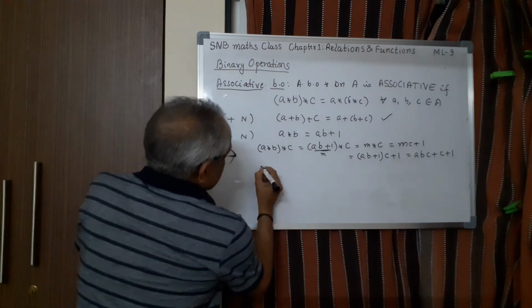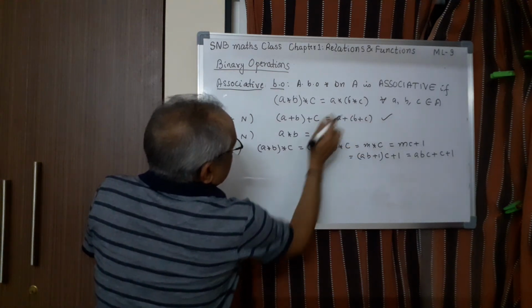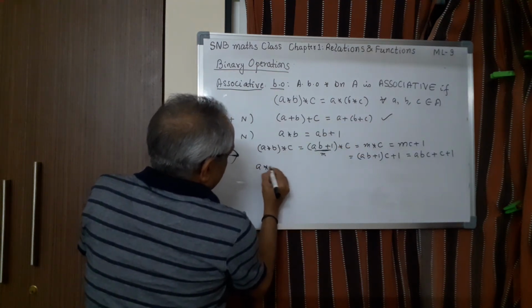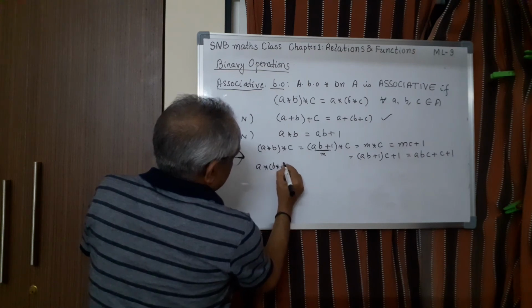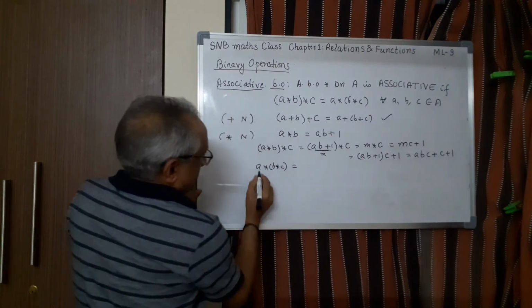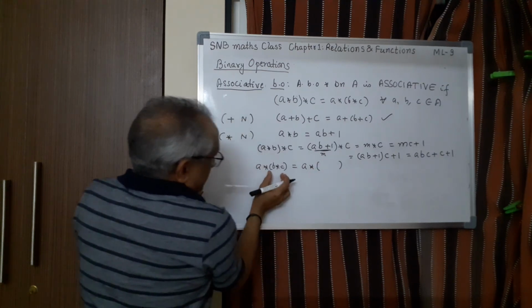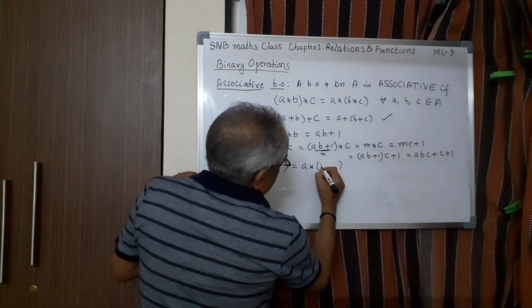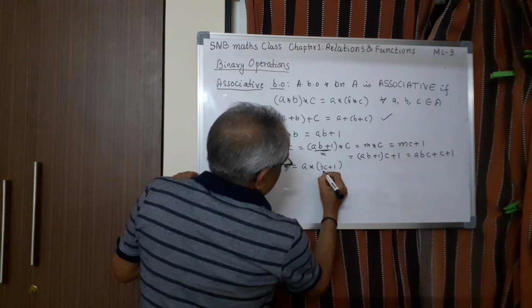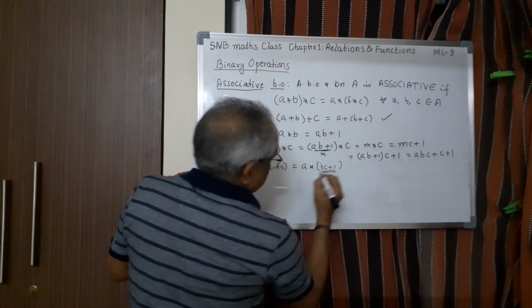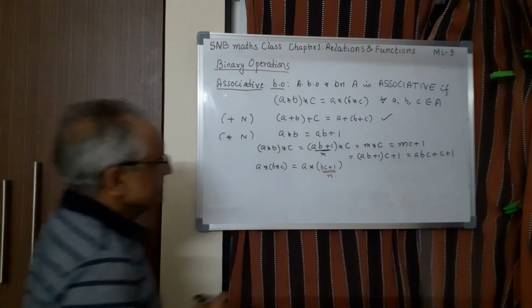Now let us take the second one, A star, then B star C. Same way we shall simplify. This is A star. Here we have to put a bracket. B star C is BC plus 1. So let us take this as N, so it is easy to simplify.